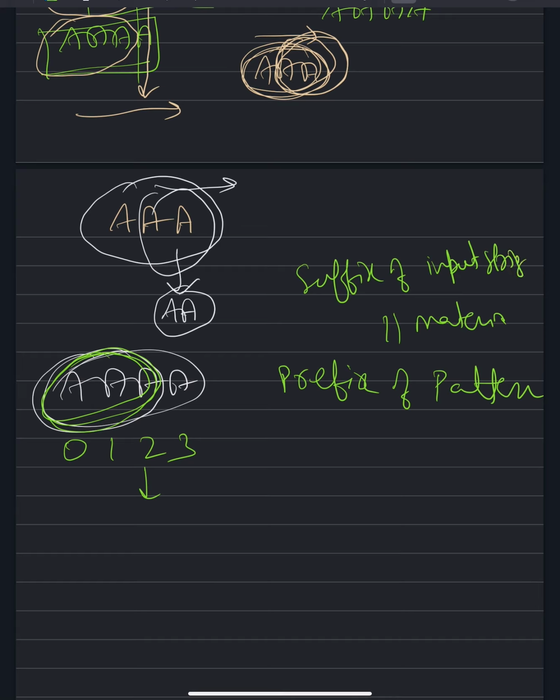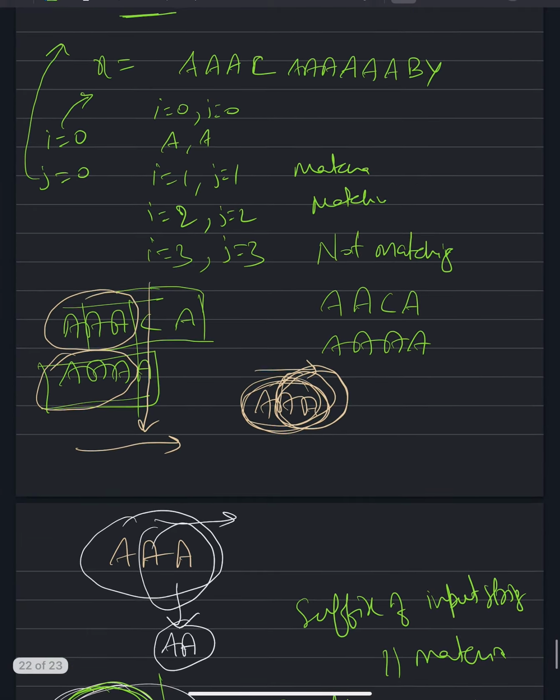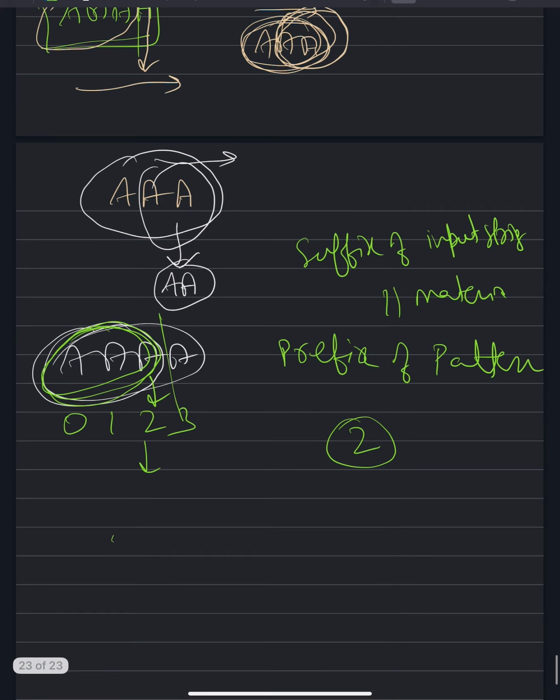This index will give that value, what the largest prefix suffix is. Since it is not matching from here, this is giving 2. Since we have moved to the right, like A, and it's A, this 2 is saying that till length 2, it is matching.